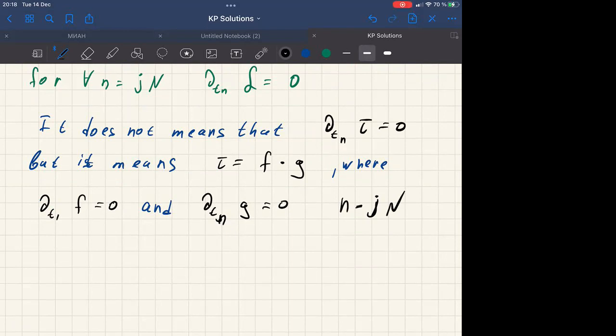This is because, as I already mentioned, we could multiply the tau function by something, and we obtain this factor.